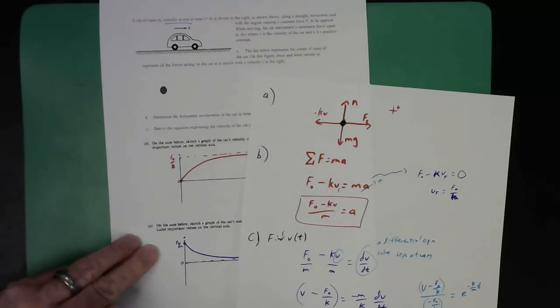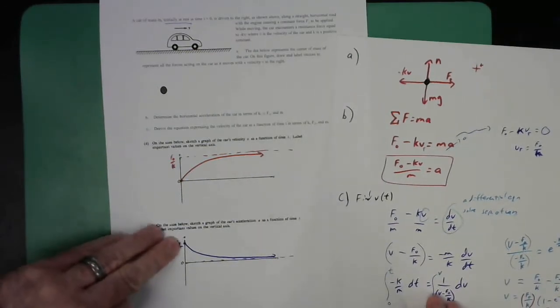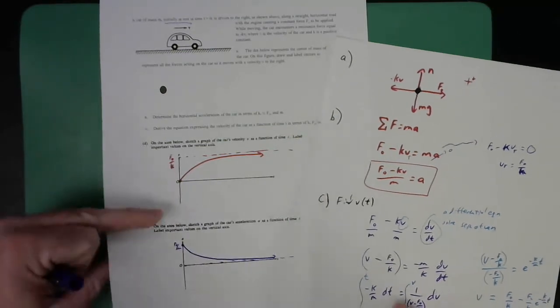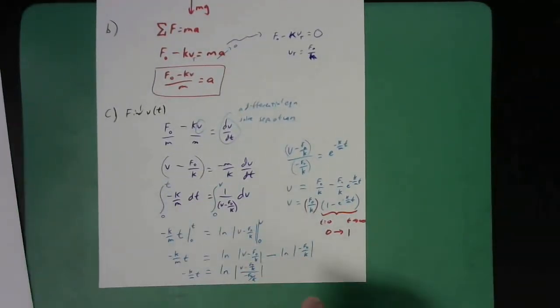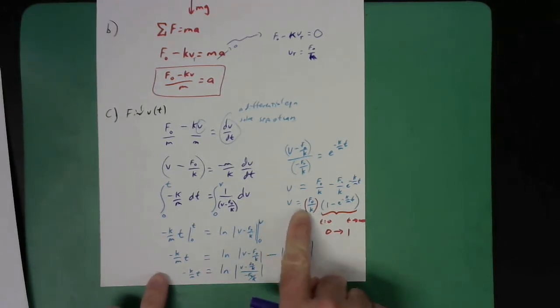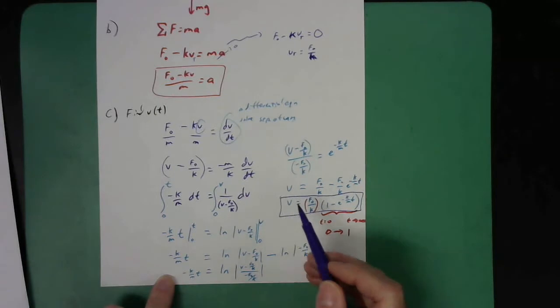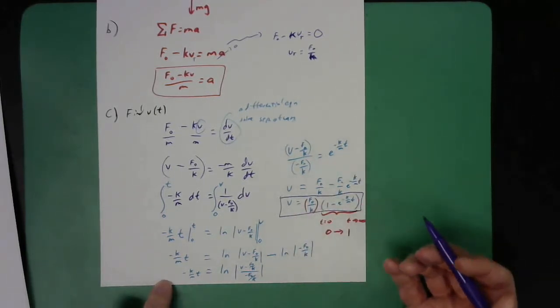Okay, well, could we actually find the function? They didn't ask you to find the function A as a function of t, but we could do it, because we already found the velocity as a function of time here. What's the relationship between velocity and acceleration? Acceleration is the derivative.